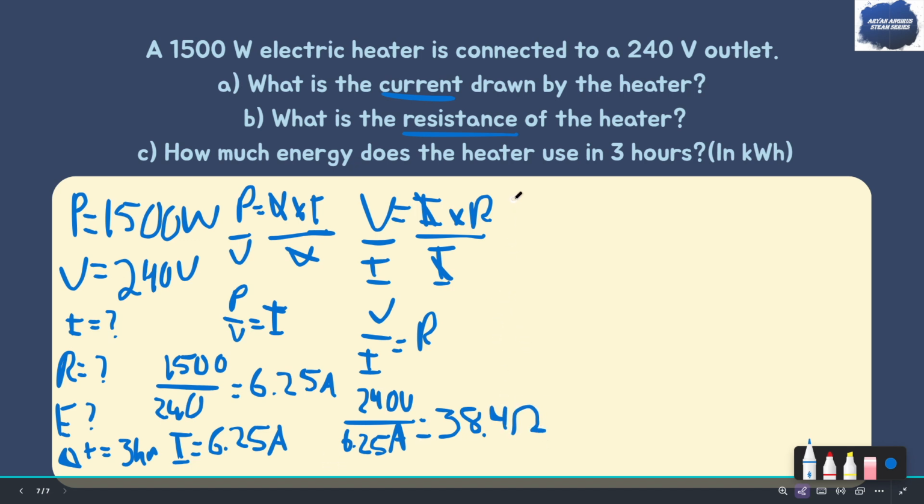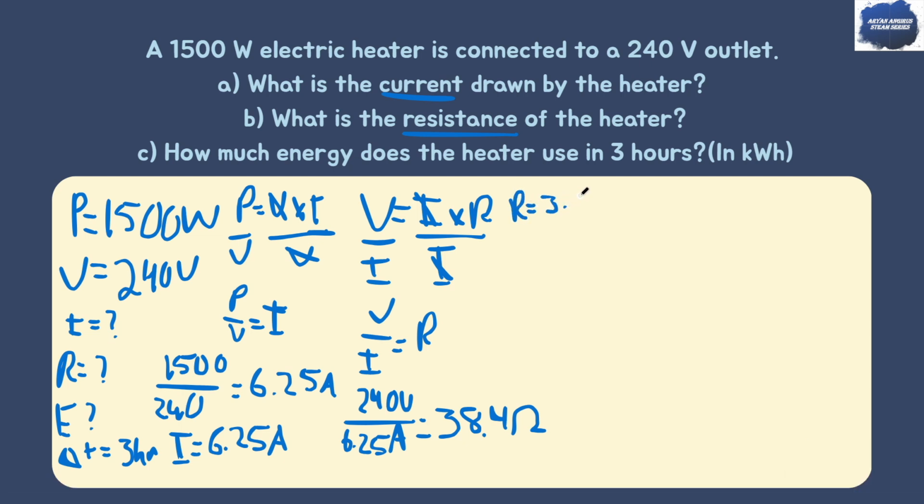There we go. So we write resistance equals 38.4 ohms.